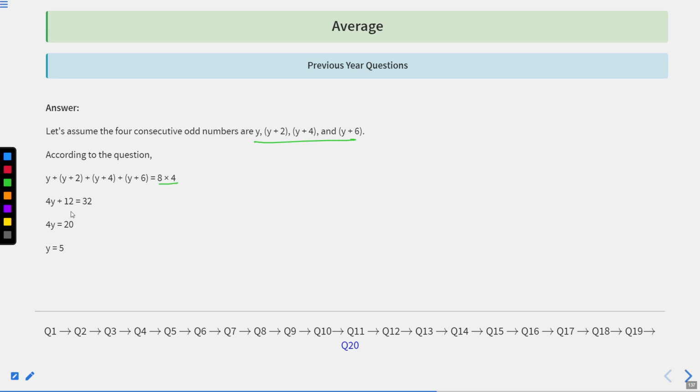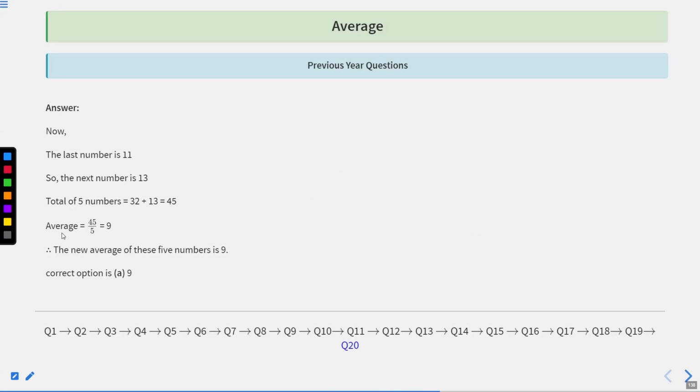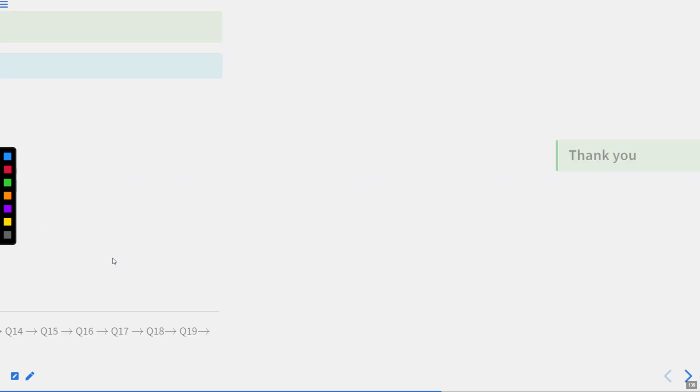So it will be 4y equal to 12, y equal to 3. So now the last number is 11. The next number is 13. The total of 5 numbers is equal to 32 plus 13 equal to 45. So the average is equal to 45 upon 5, equal to 9. The average of these 5 numbers is 9. So the correct option here will be option number 9.